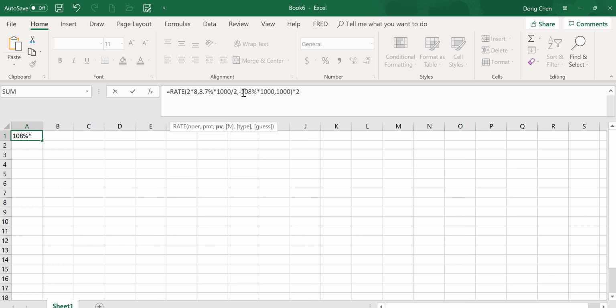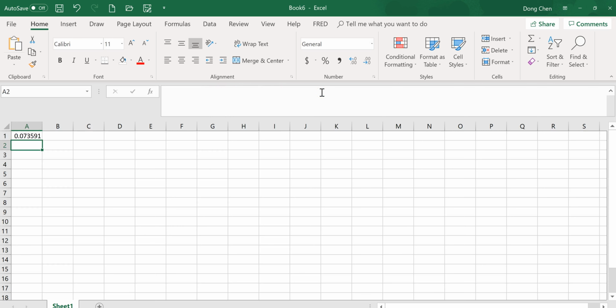So I need to put a minus or negative sign in front of the 108% times 1,000. Or if you choose, you can also put a negative sign in front of the coupon payment and the par value. You get the same number. So let me show you.